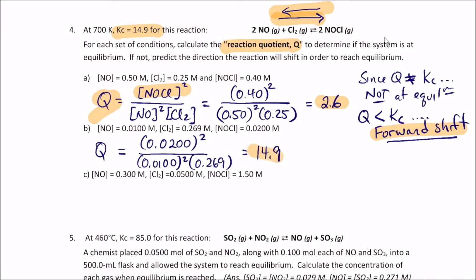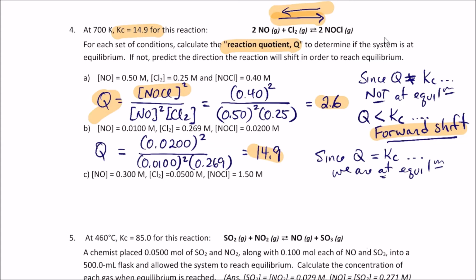So what does that mean? Are we at equilibrium? Yes. Kc was 14.9. So we can say since Q is equal to Kc, we are at equilibrium.